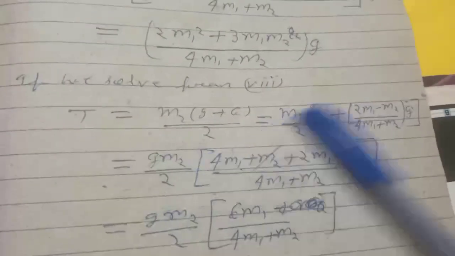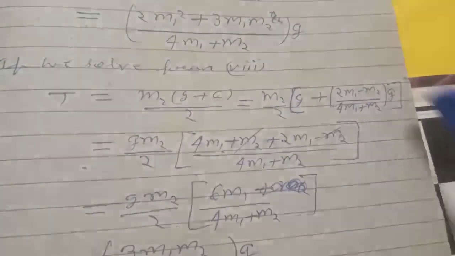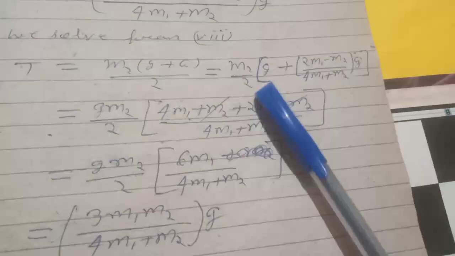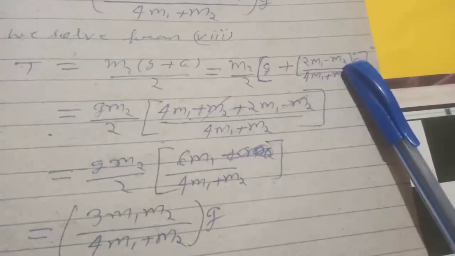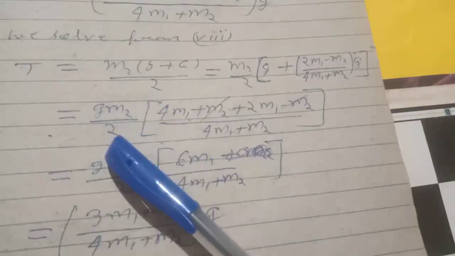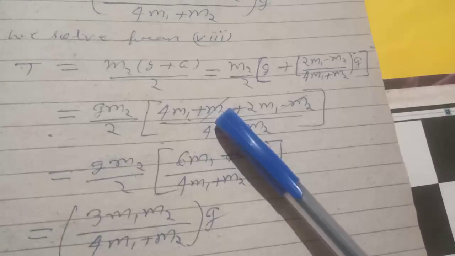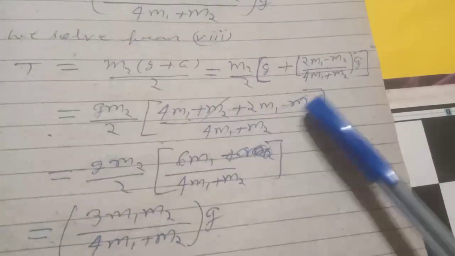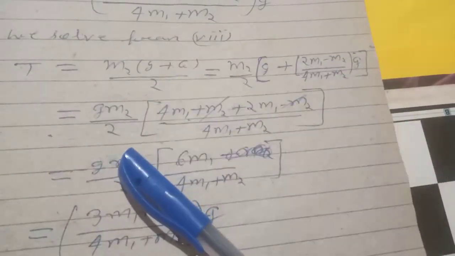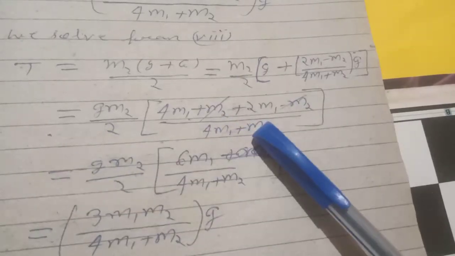If we solve from 8, we get T equal to m2 into (g plus a) by 2, m2 by 2 into g plus (2m1 minus m2) divided by (4m1 plus m2) into g, or g m2 by 2 into (4m1 plus m2 plus 2m1 minus m2), because g has been taken out of the bracket, divided by 4m1 plus m2.